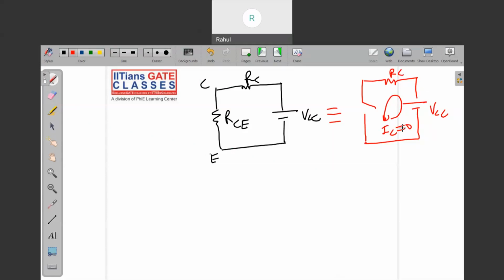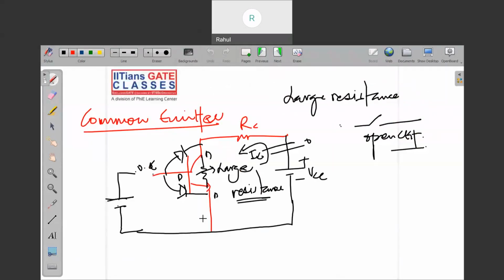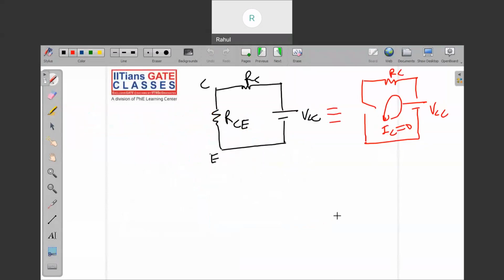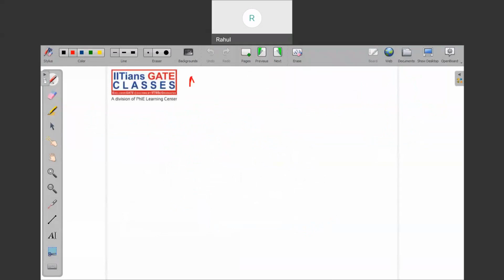And for active region, you have to keep in mind, right? So this is cutoff, it means that this junction is in reverse bias, and so on and so forth, right? Okay, now we will talk about active region, region of operation.